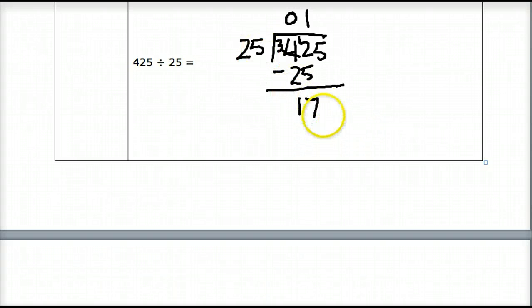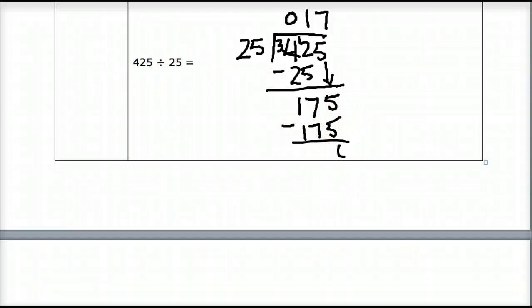We know that 25 will not go into 17, so we're going to drop that 5 down. And we know that 25 will go into 175 7 times, which leaves us with the remainder of 0. We know when we hit that remainder of 0, we then have our quotient. So the quotient of 425 divided by 25 is going to be 17.